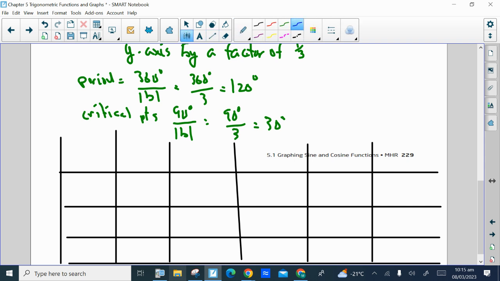In here we'll have our equations, our amplitude, our period, our critical points, as well as our domain and range.